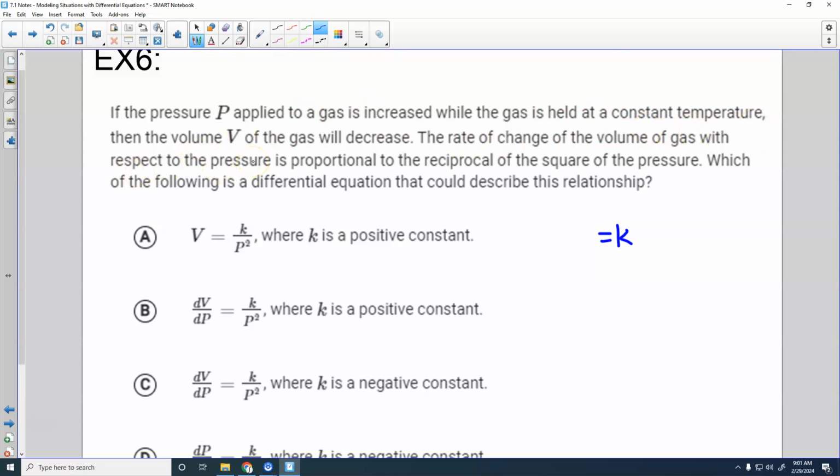What is that? dV/dP. The volume goes on top and the pressure goes on the bottom. So that is going to be dV/dP.